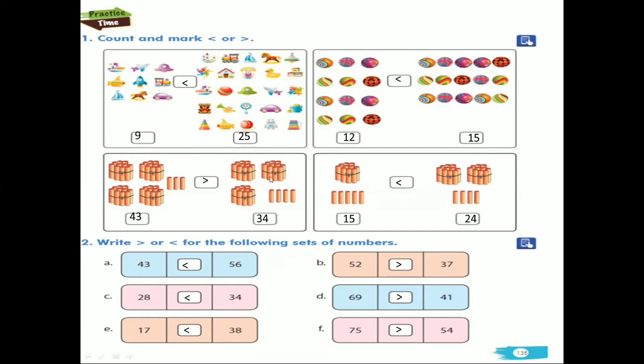So put the symbol. In the next one, here we have 43 and 34. Which one is larger? 43. Correct. And 15 and 24, which one is larger? 24. So we put the symbol for which one is larger, that is 24. So here we have to complete this practice time in your textbook.